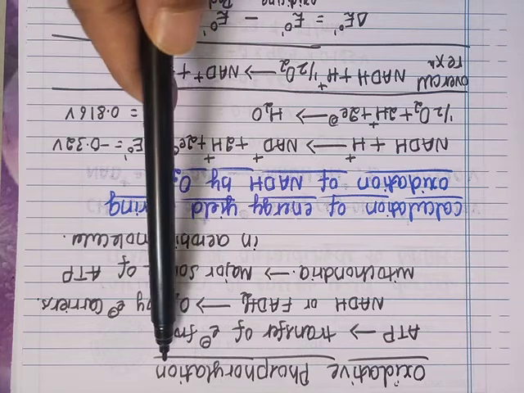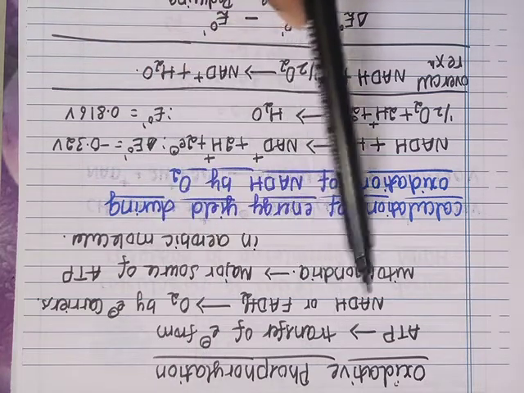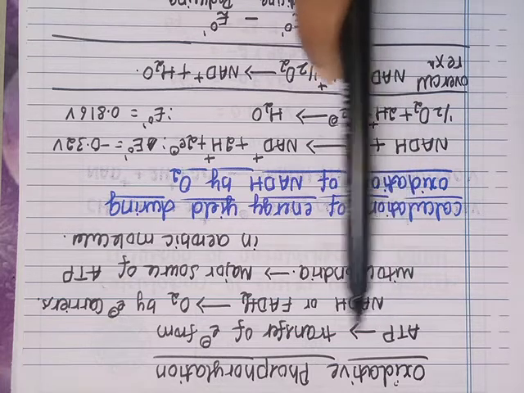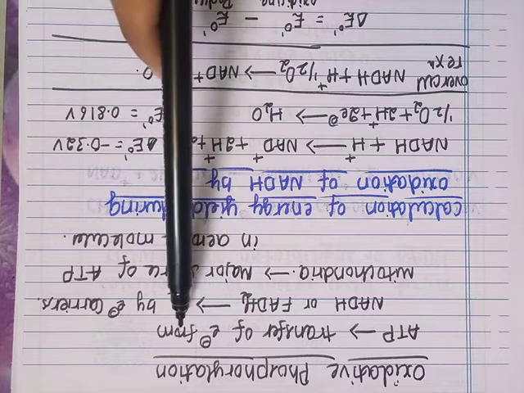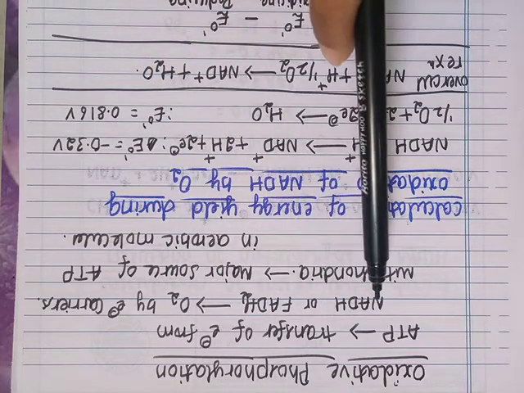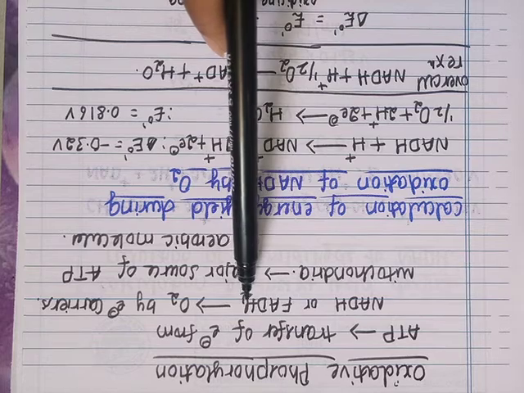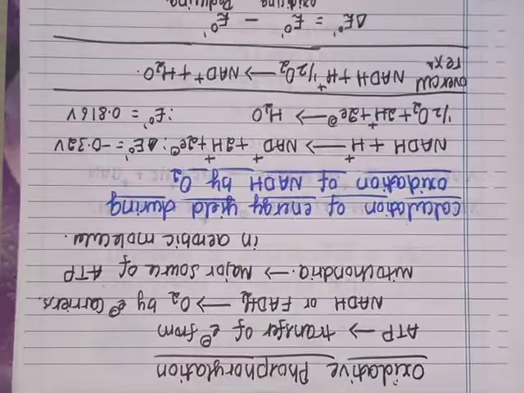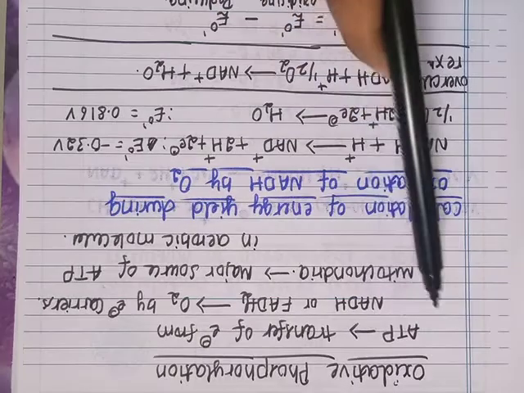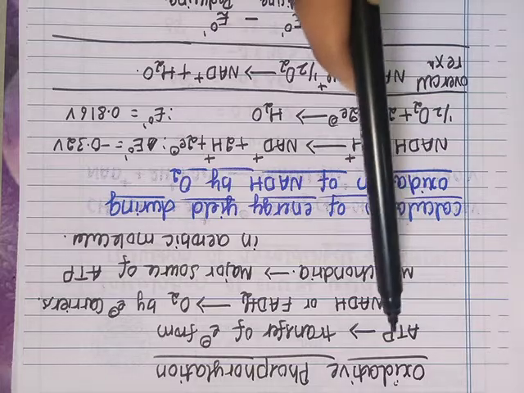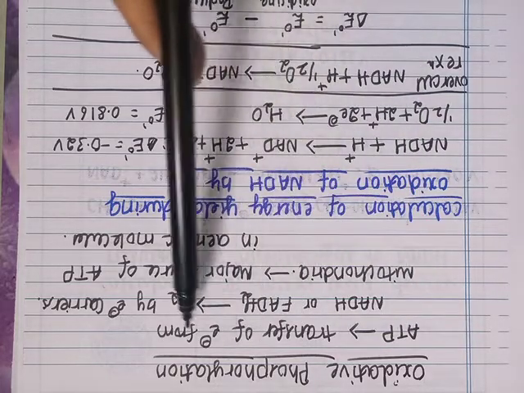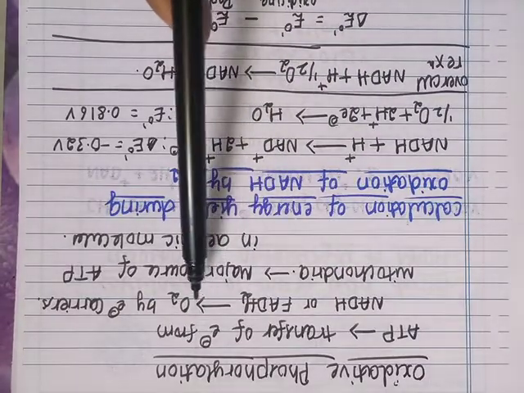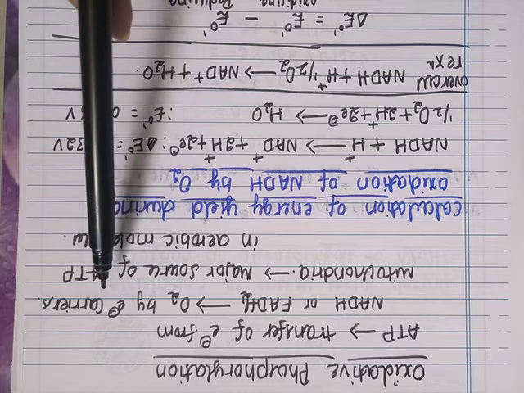Oxidative phosphorylation is a process in which ATP is formed as a result of the transfer of electrons from NADH or FADH2 to oxygen by the electron carriers.